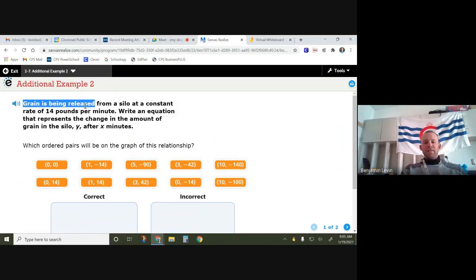If it's being released, it is going down, right? Say they had 5,000 pounds of grain and they are releasing some into a truck that's going to go to the bakery and drop off a load of wheat to bake bread. They are releasing it at 14 pounds per minute. So we know that our Y value is going to be negative.